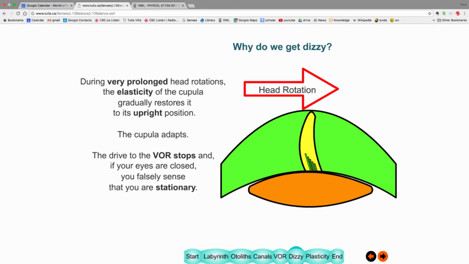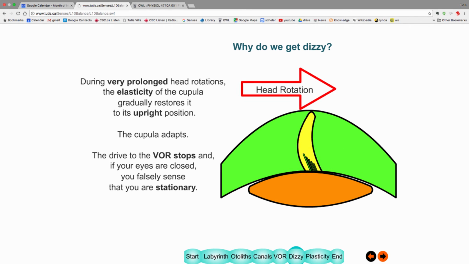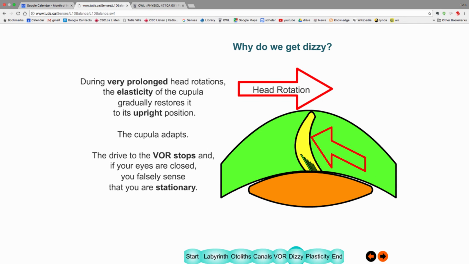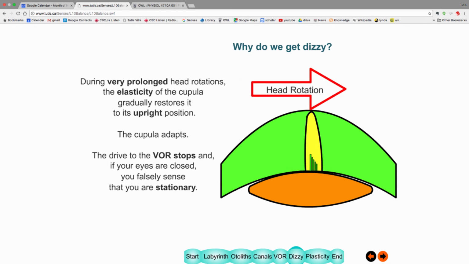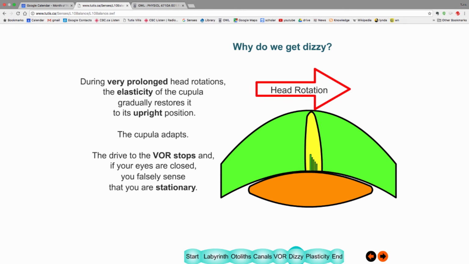So, now, what happens when you feel sort of unstable? Well, one primary reason for that is that this thing called a cupula, it gets bent when you start rotating. But if you stay rotating, you'll come back to its vertical position. So if you start rotating, it'll deflect.